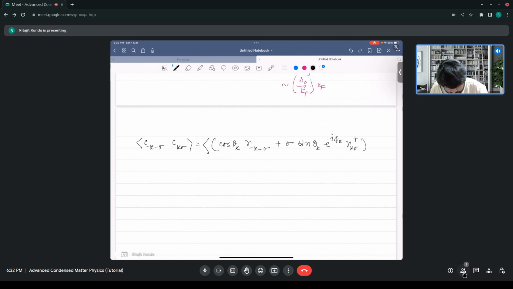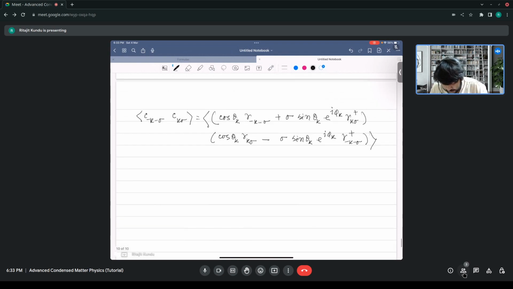This is for the first c_{-k,-σ}, and then I'll have the next term. You can expand it out, so I'll directly write the result.